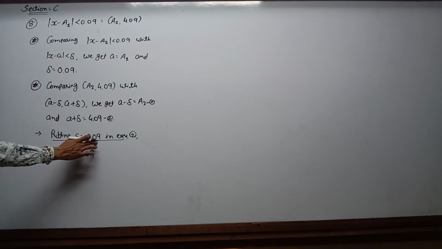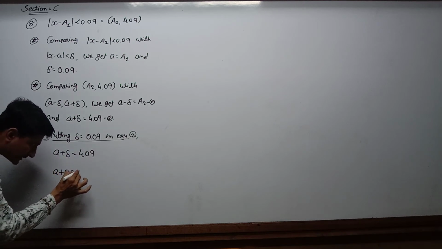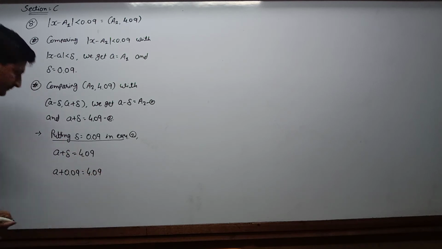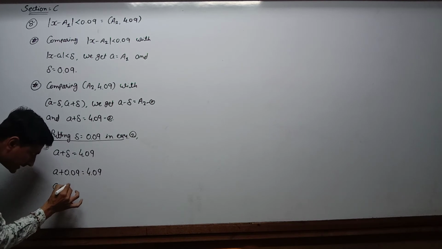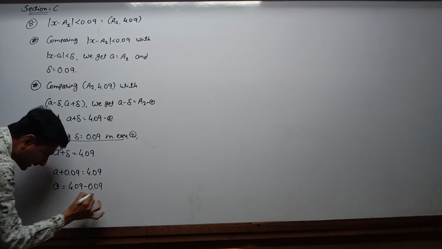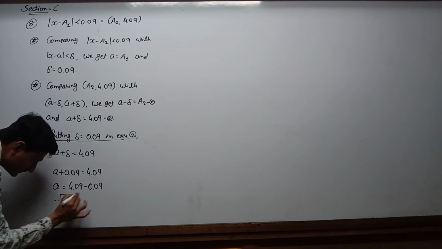Value of delta 0.09. a plus 0.09 is equal to 4.09. Now next step, 0.09 opposite side minus, a is equal to 4.09 minus 0.09. Therefore value of a is equal to 4.